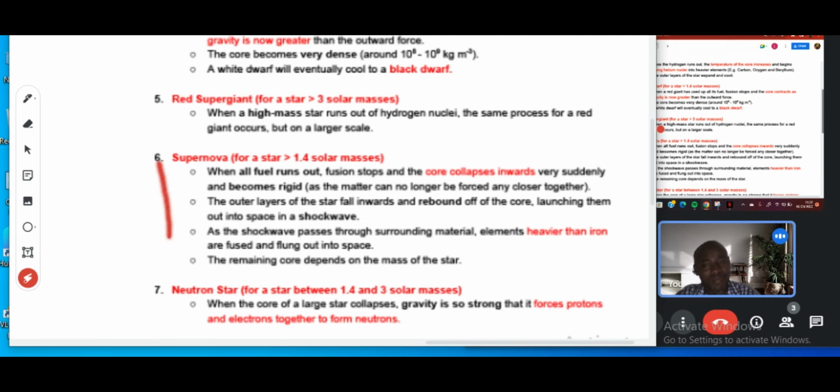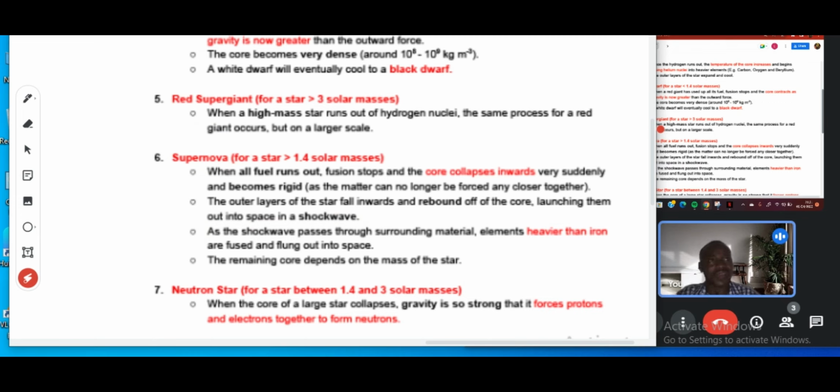So it's that rebouncing that throws some waves into space. And that is what we know as supernova. That's actually very loud, but luckily, we can't hear anything. We can see the signs of supernova with bright flashes of light, but you can't hear anything here on Earth.